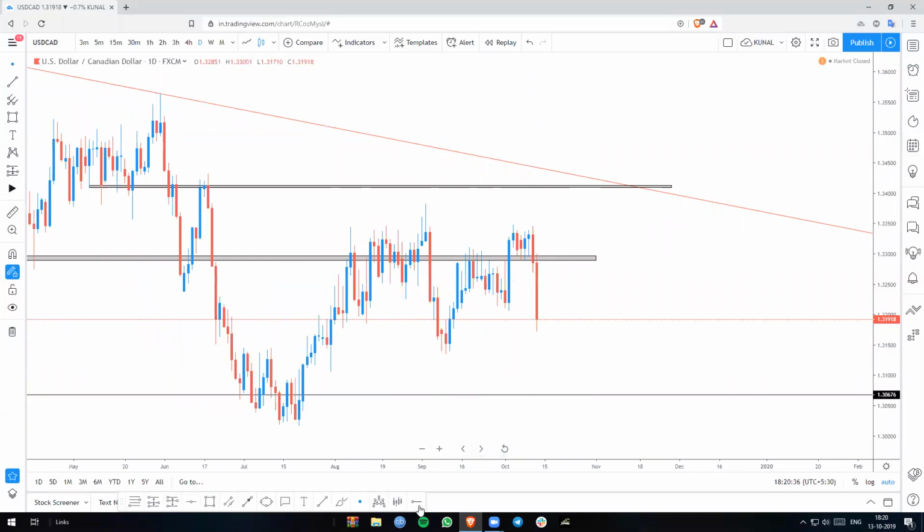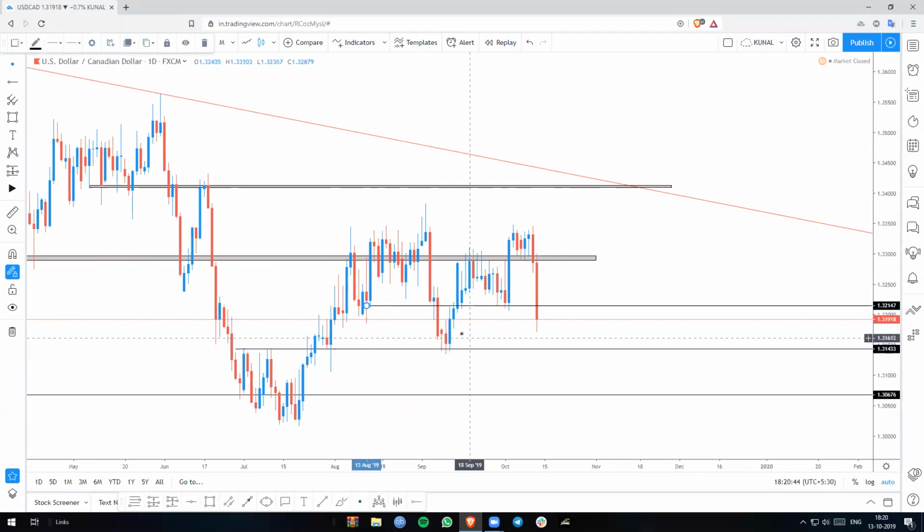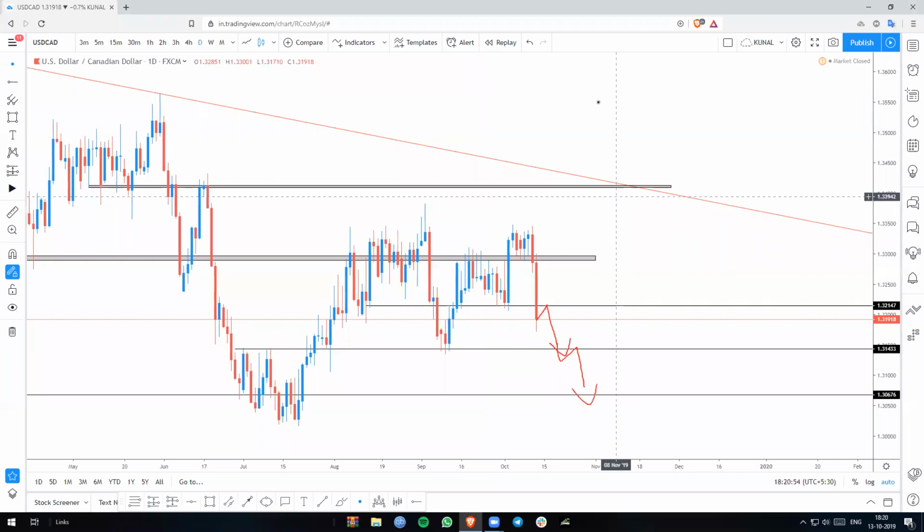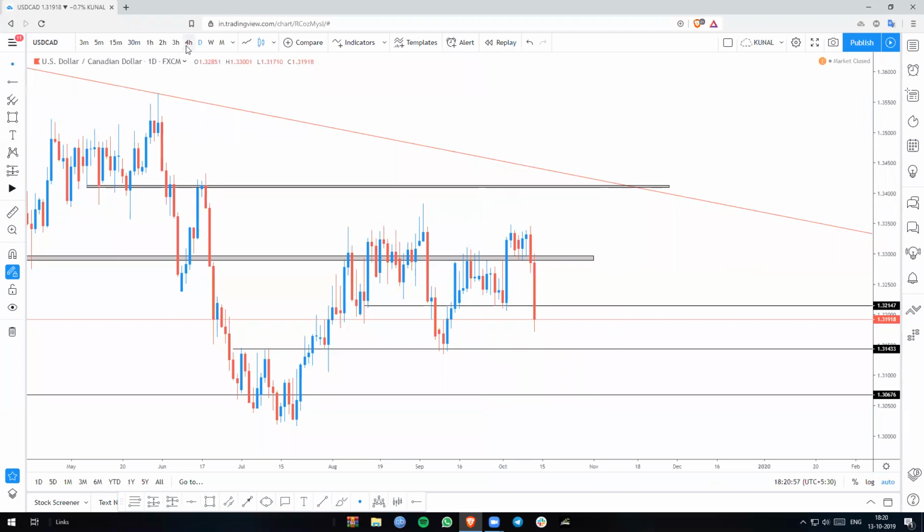There I have some key levels. So no doubt USDCAD can still drop to the downside. What it can do is go up a little bit till this level, maybe for a retest or grabbing some liquidity, and then drop down. Also when this breaks, we have some more downside targets.